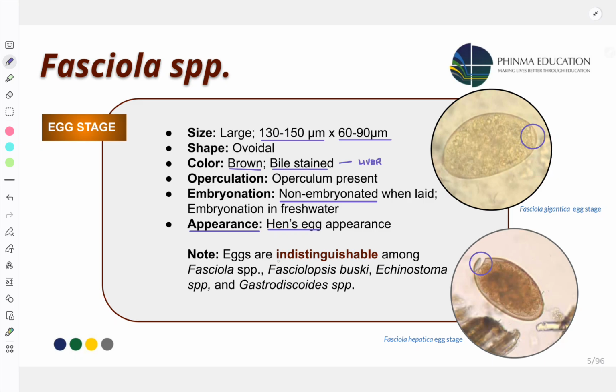The eggs of your Fasciola species are indistinguishable from other species, your Fasciolopsis buski, your Echinostoma and your Gastrodiscoides species. So usually when reporting, you do not specify the species. You just specify the genus of the organism or of the egg.